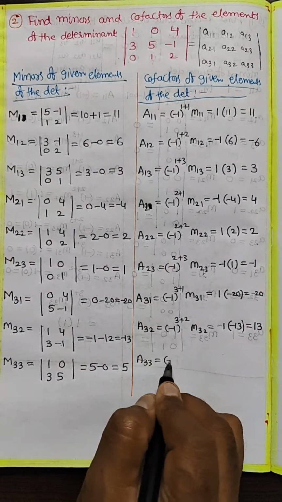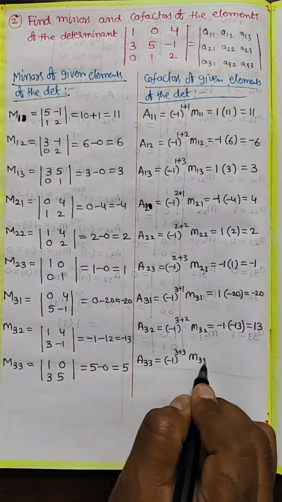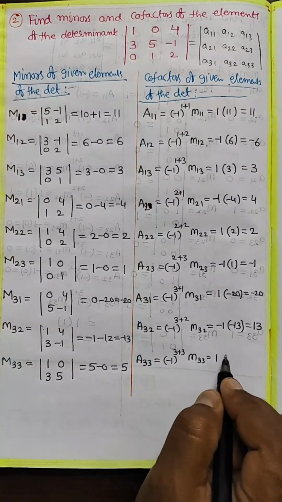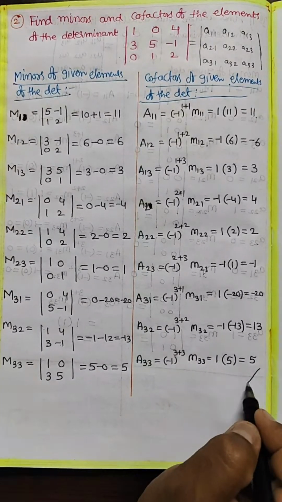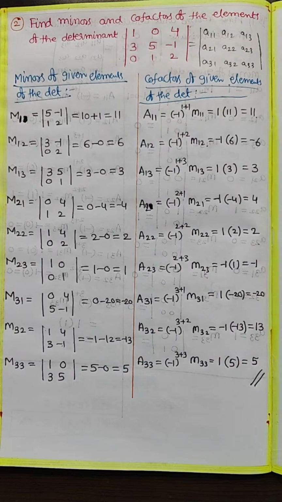A33, minus 1 whole power 3 plus 3 into M33. So minus 1 whole power 6 is a positive 1, into M33 value 5, which is equal to 5. Therefore, these are the minors and cofactors of the elements of the determinant.